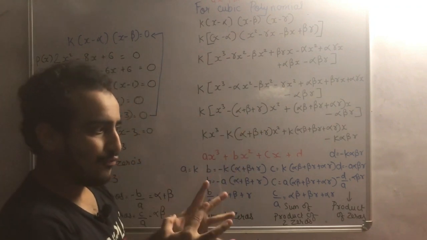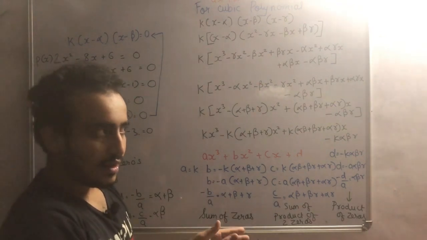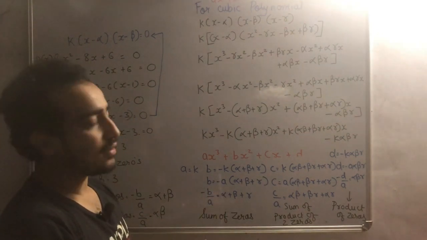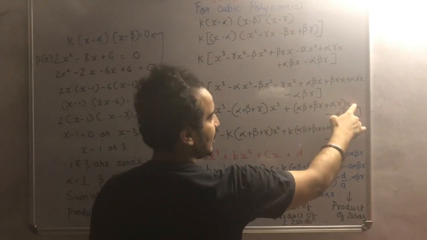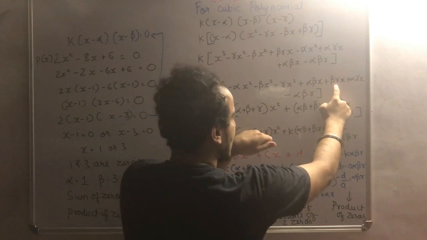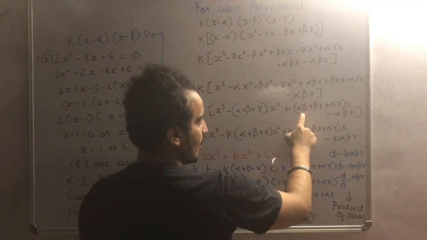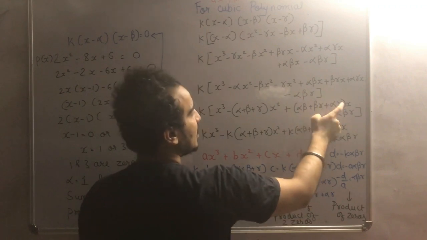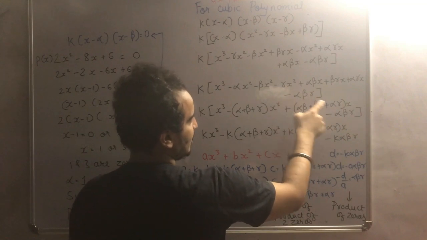Here x will be common, so we have taken out x. In alpha beta x, beta gamma x, alpha gamma x, x is common. So what will be there? Alpha beta plus beta gamma plus alpha gamma, and the rest will remain the same, minus alpha beta gamma.